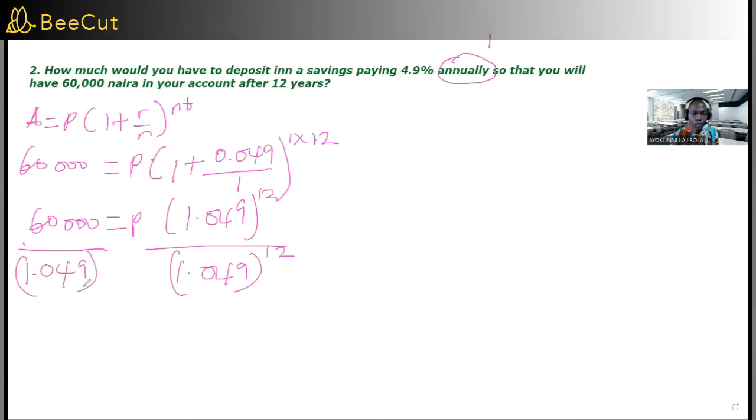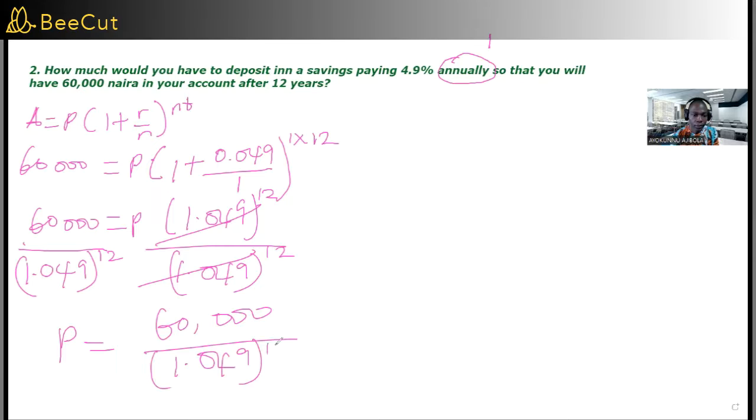This cuts this, so I have my P left. So P is now equal to 60,000 divided by this value, 1.049 raised to power 12.